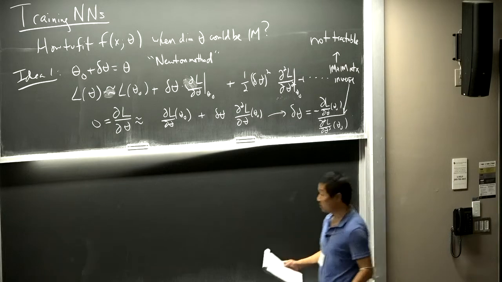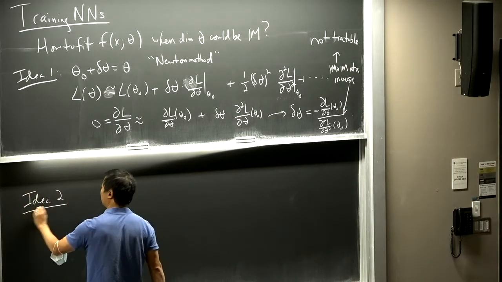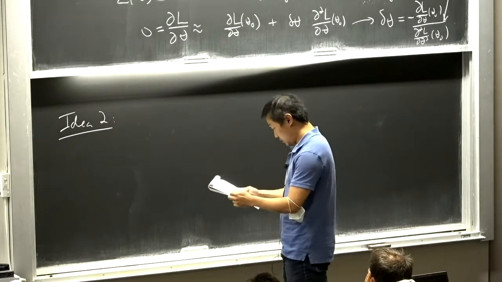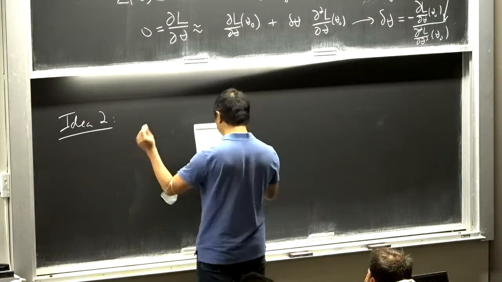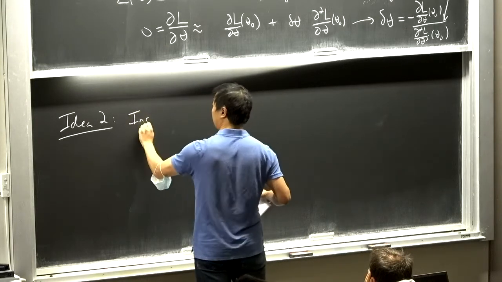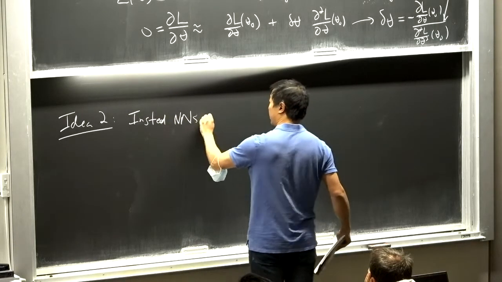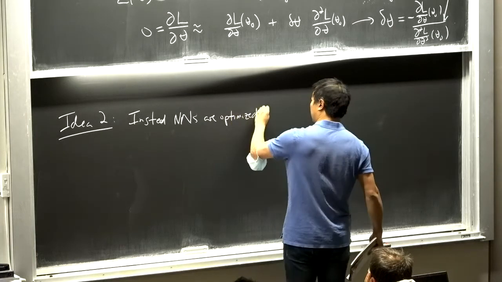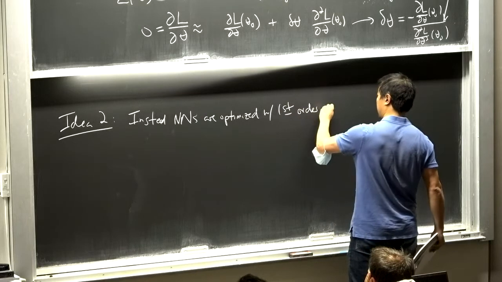Okay, so good. So instead, idea 2 is to try something at first order. Neural networks are optimized with first order methods.